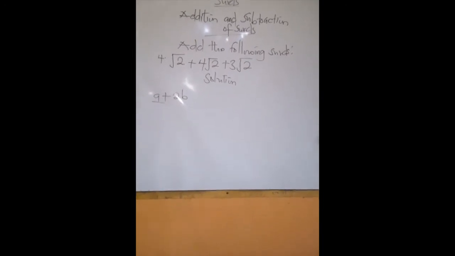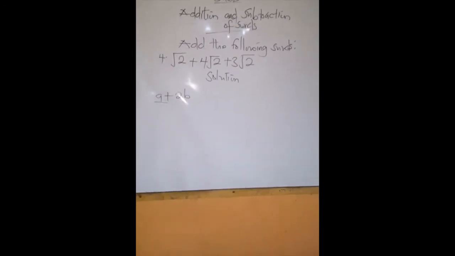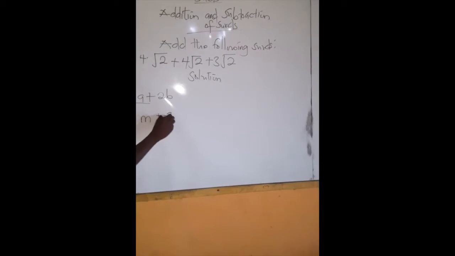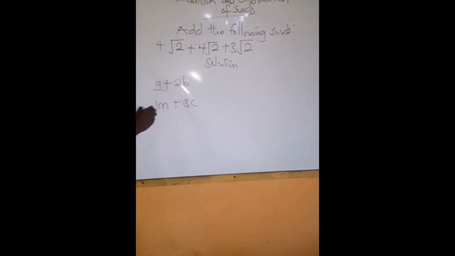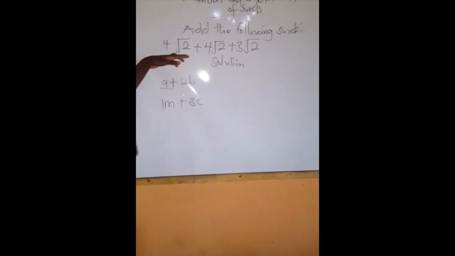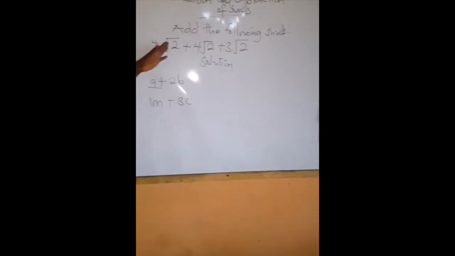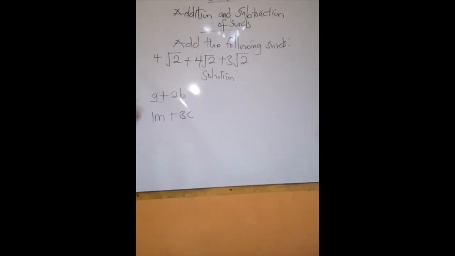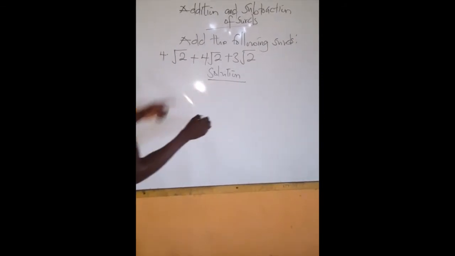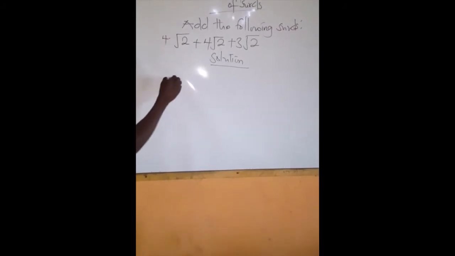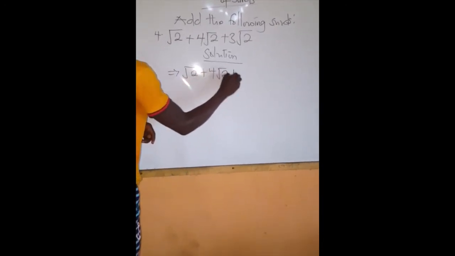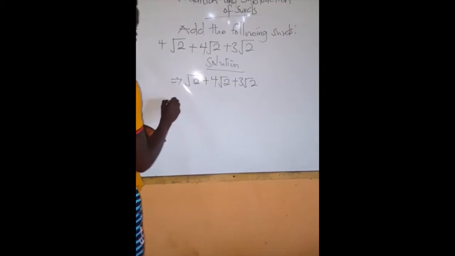Now a, we all know that the coefficient of a is 1. Taking m plus 3c, the coefficient of m is 1. So the same thing applies to the set. So when you have no number in front of a set, it means the coefficient of that set is 1. Okay. So here it simply means our coefficient here is 1.